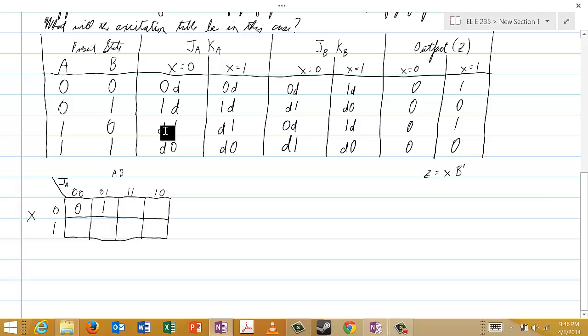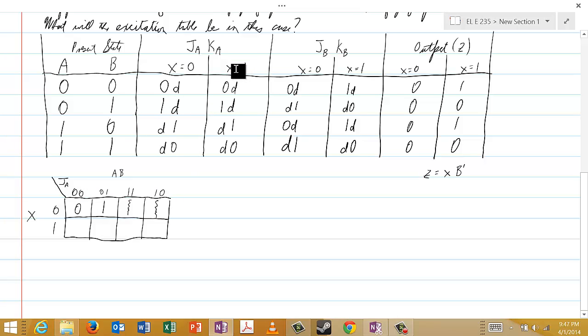And remember, for the don't care condition, we're looking for minimal sums now. So we'll put that as a squiggly 1. So that's, again, 1, 0. So we'll put one of our squiggly ones there. And when A and B are both 1, we have another don't care condition. So this is what we have for JA when x is equal to 0.